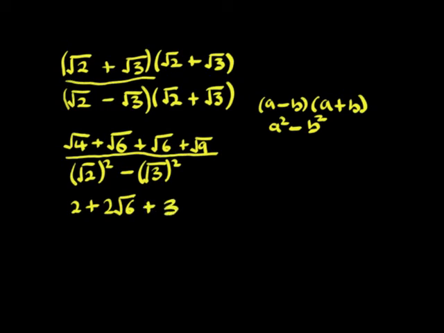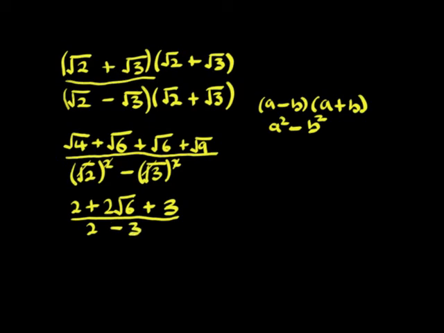At the denominator now, this square cancels this square root and we have 2. This square also cancels this square root and we have minus 3.